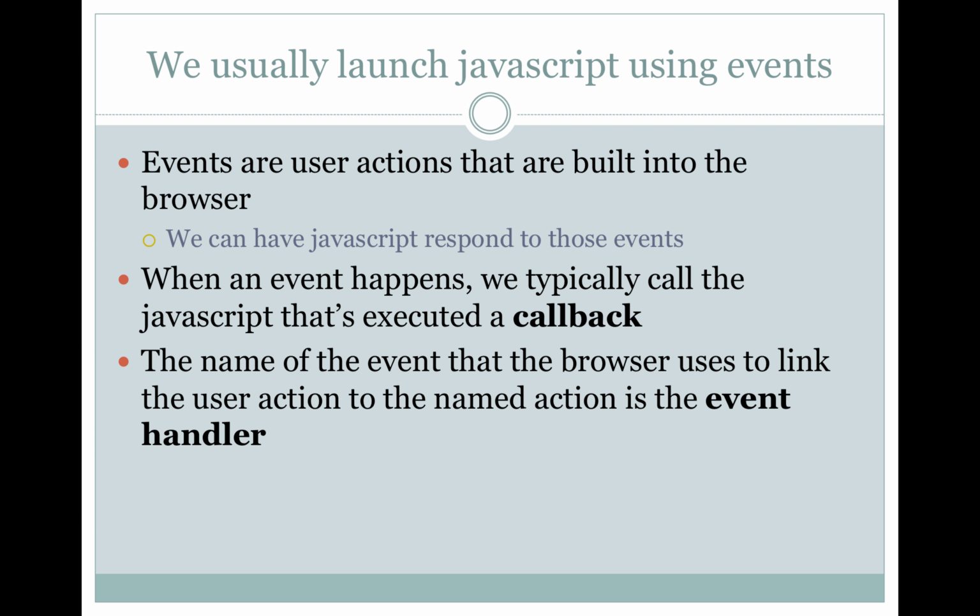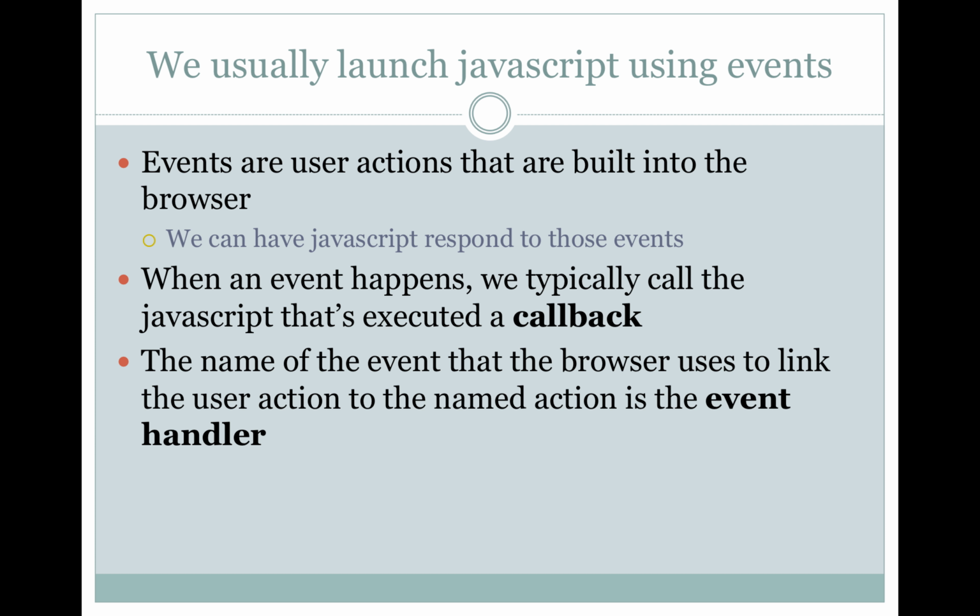So it's sort of a programmatic way to respond to a user's action. So there's some predefined things that the browser pays attention to. And whenever one of those things happens, it can actually call a piece of our own custom code. That code that gets called is a callback. So we may have a callback for a button click event for a specific button. And we can specify specific code that gets executed.